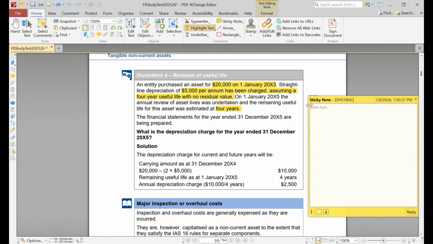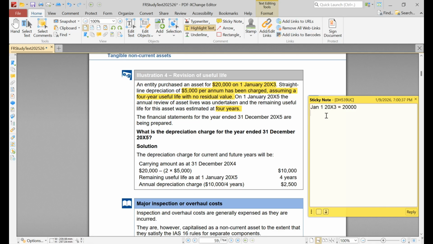Now, on Jan 1 20x3, you purchased the asset and its cost was 20,000. You are charging depreciation over a useful life of 4 years. On 1st Jan 20x5, in the annual review, the remaining useful life of the asset was estimated at 4 years.